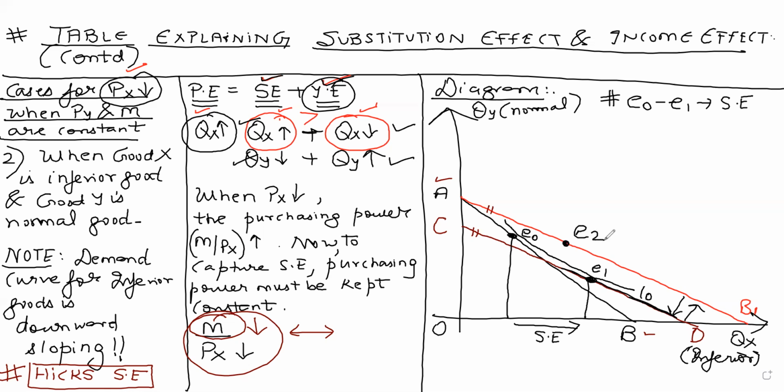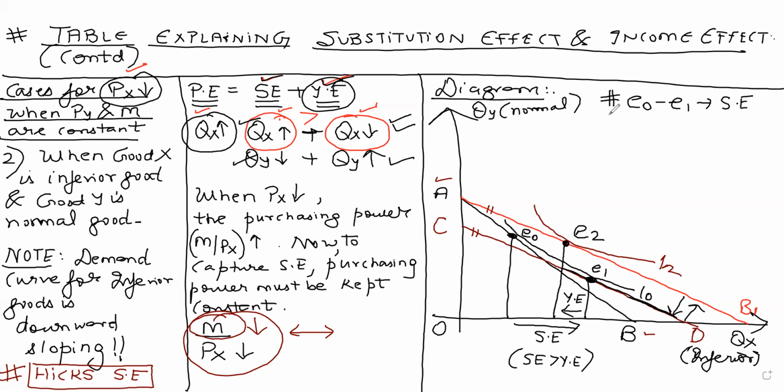You can see from E1 to E2, my good X is falling, satisfying the income effect. But in a nutshell, you can see that your substitution effect is dominating the income effect. So my indifference curve will come somewhere here. You can see on your screens the brown indifference curve I2.